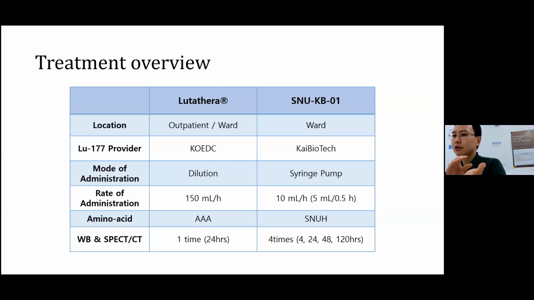And for Lutathera, the Korean FDA recently approved this drug, and the NETTER-2 trial has started. So we are enrolled in the phase 3 NETTER-2 trial right now for Lutathera. But the Korea-produced SNU-KB is in a phase 1 trial.